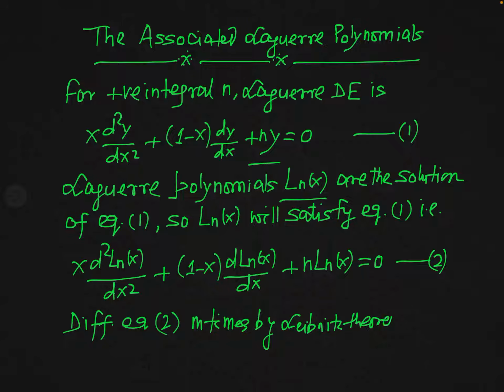I hope you have studied Leibniz theorem in the course of calculus. So when we will differentiate this equation 2 m times by Leibniz theorem, what will be the result you can easily see.